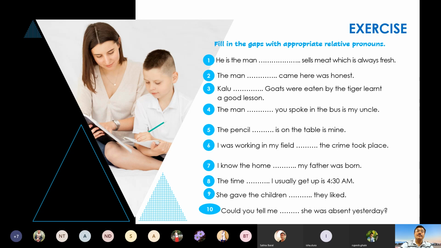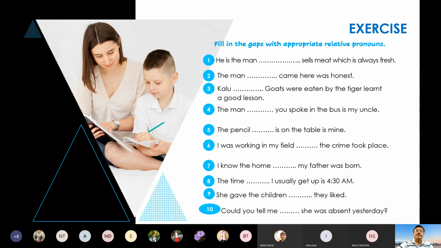Kalu and goats were eaten by the tiger, learned a good lesson. What relative pronoun you said? Goats who were eaten by the tiger learned a good lesson.